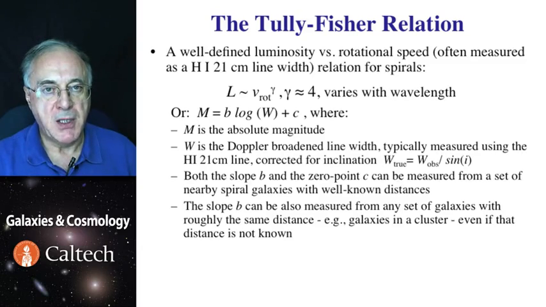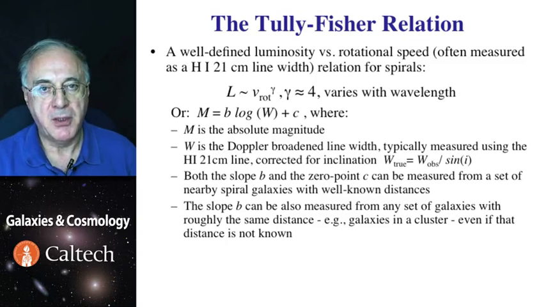We can also express that in terms of magnitudes, because log of the luminosity times minus 2.5 gives the absolute magnitude. The rotational speed will manifest itself as the width of the observed radio line of neutral hydrogen. Because as the hydrogen atoms move in the galaxy, they're Doppler shifted this way or that, and the faster the rotation speed, the more Doppler broadening there is.